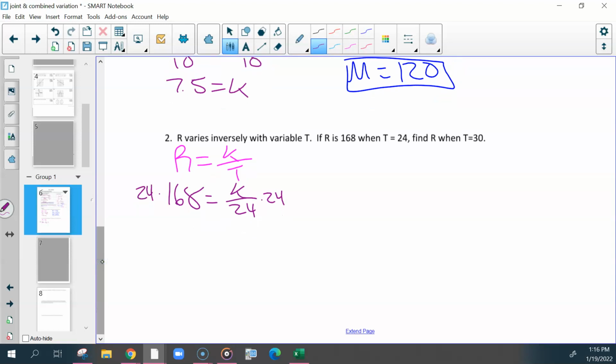Someone do that and tell me what that is. $4,032. I think that's right. Yeah.